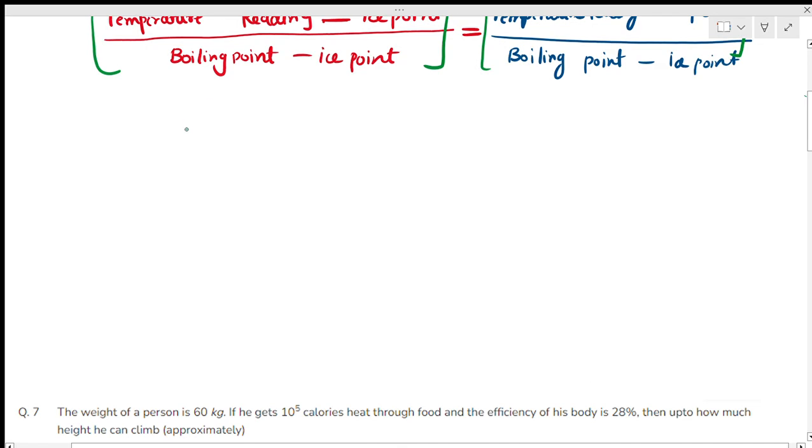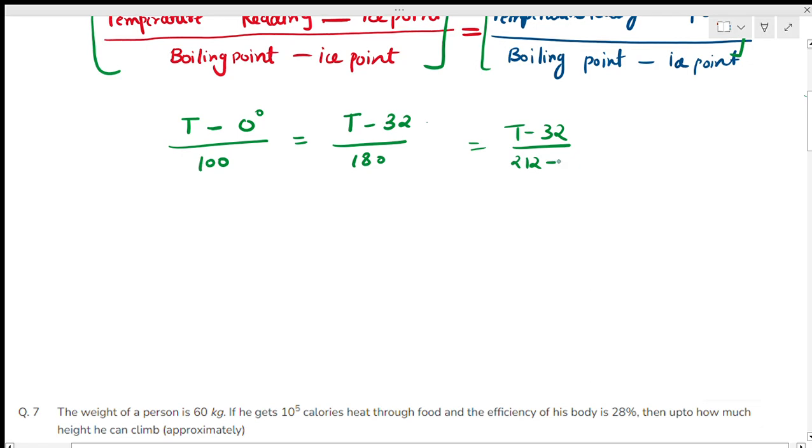So T minus ice point is 0 and its gap is 100, correct? And in the other scale also the temperature is the same, T minus 32, the gap is 180, and you can write T minus 32 over 212 minus 32, you will get 180, right? So I have used it directly.